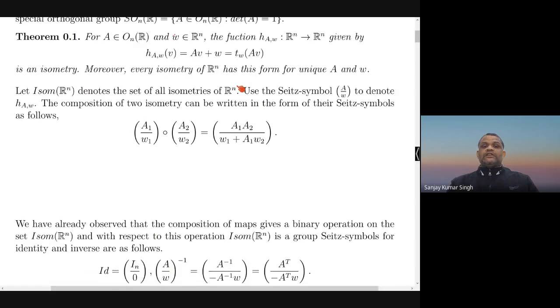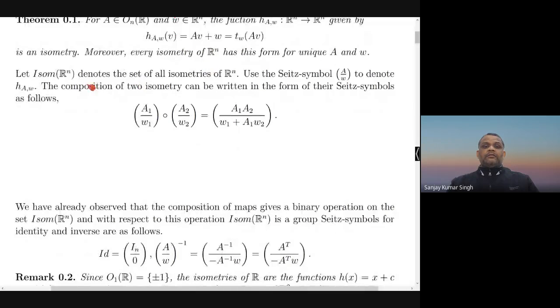So using this theorem, we have seen the set of isometries in a different way. And what was the different way of looking at them? Just represent any element by a symbol.